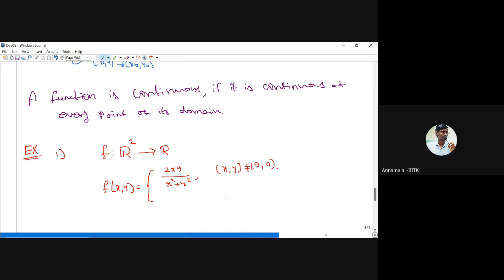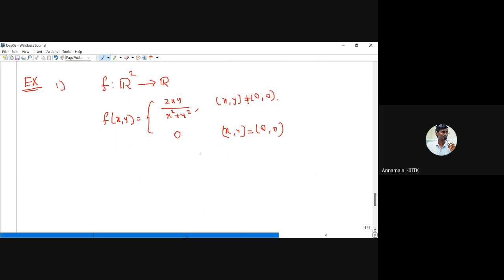If it is 0, that is x comma y is 0, then it maps to 0. So the function is defined for all points in R2.